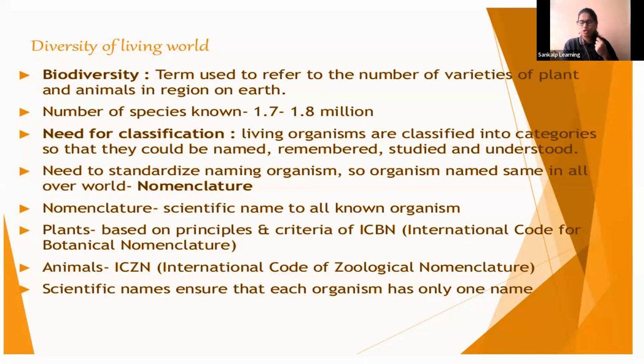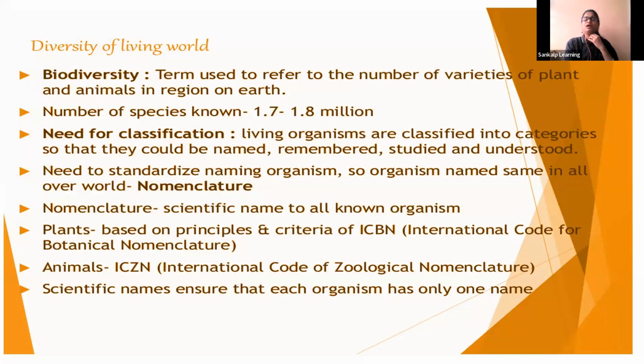Why do we have to name the organism? Take for example, onion. In Karnataka itself, we call it by different names, right? In some places, they call it Irulli. In some places, Neerulli. In some places, Ullagaddi. So like this, the name will change in the local language.